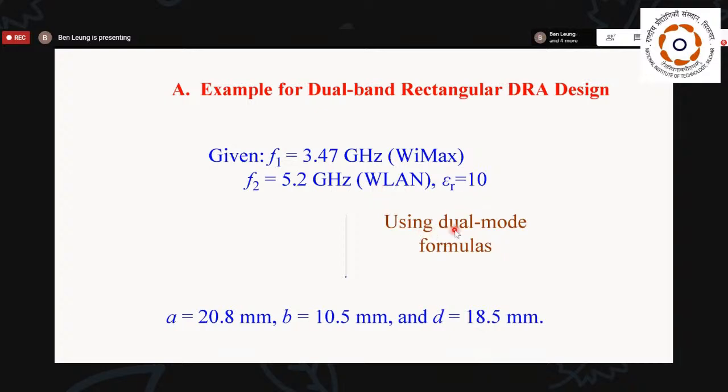By using our dual mode formulas, A is given by this, and B and D. As you can see from this slide, it is not very easy and convenient to design a dual band rectangular DRA without going through the painful trial and error process.